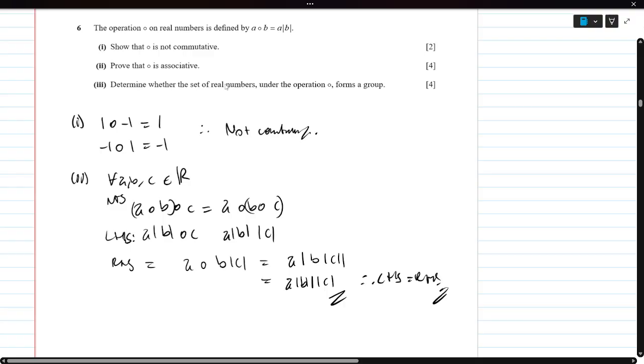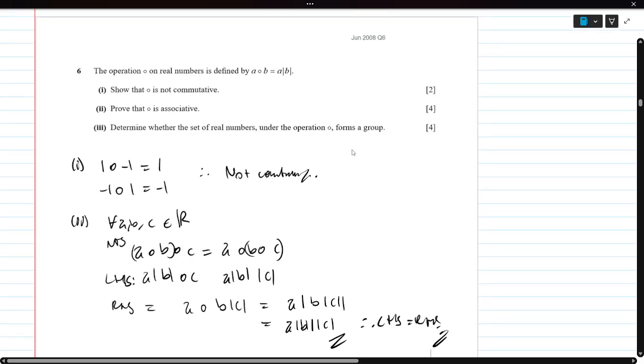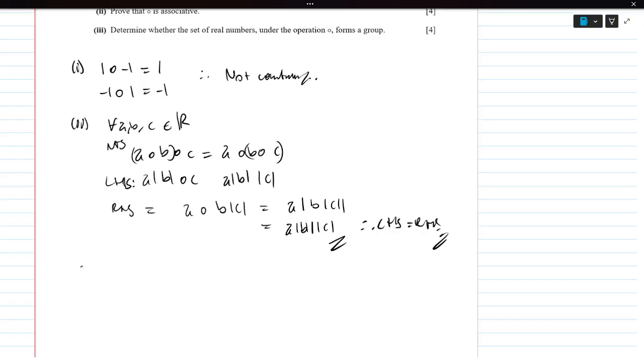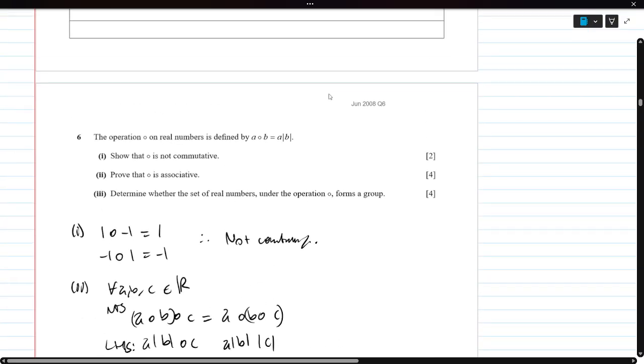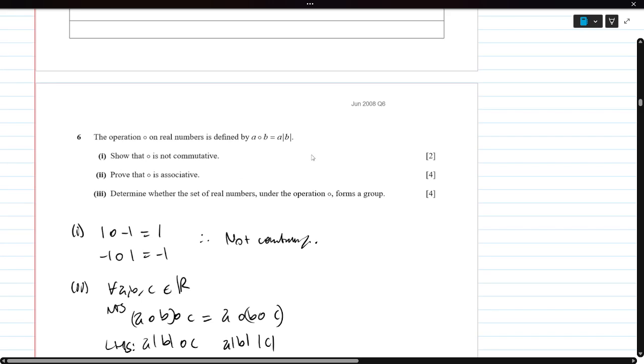Determine whether the set of real numbers under this forms a group. So it is associative, closed. Yes, it is closed. You can't get complex numbers out of this, so it is closed. I can't be asked to write down the whole thing for closure.